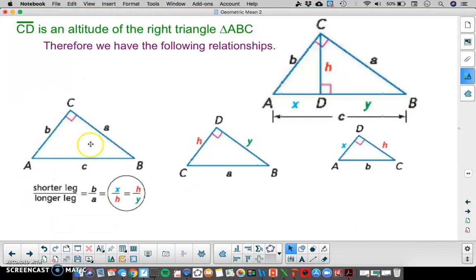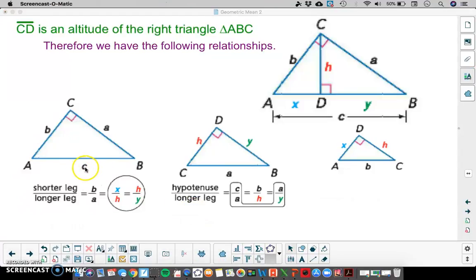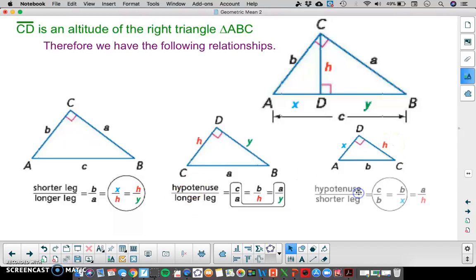So for the bigger triangle here, we could set up the A to B ratio, or B to A, and that would be the same as H to Y in the middle triangle, or X to H in the smaller triangle. We could also set up the ratio of hypotenuses to longer leg. So notice in the larger triangle, the hypotenuse C to the longer leg A would be the same ratio as A to Y and B to H. We could also set up the hypotenuse to the shorter leg.